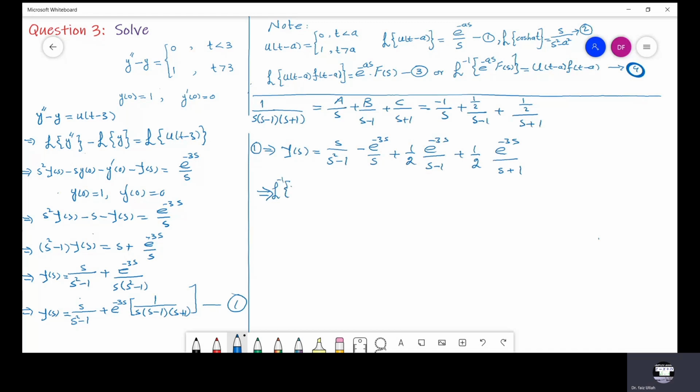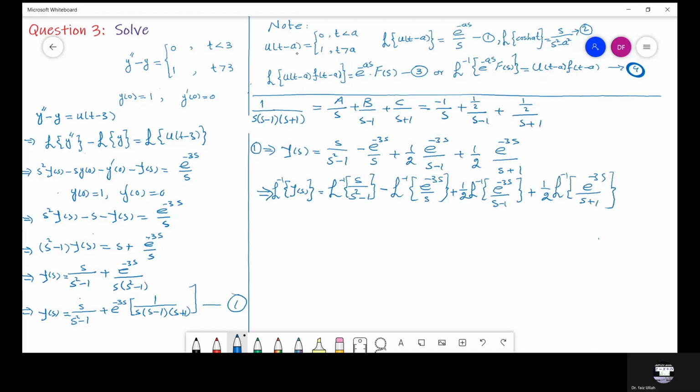So L inverse of y of s is equal to L inverse of s over s square minus 1 minus L inverse of e power minus 3s divided by s plus 1 over 2 inverse Laplace transform of e power minus 3s divided by s minus 1 plus 1 over 2 inverse Laplace transform of e power minus 3s divided by s plus 1.